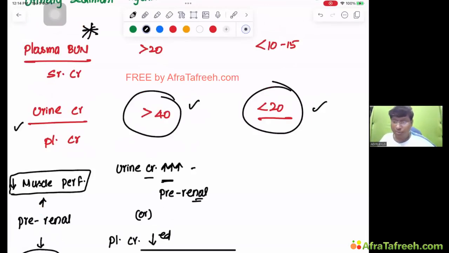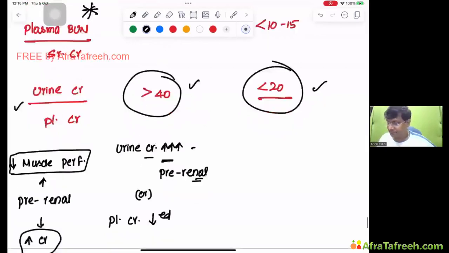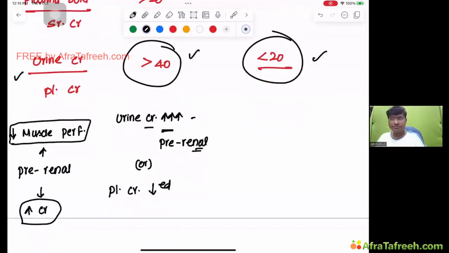When urine creatinine is more, the urine creatinine to plasma creatinine ratio is also increased to more than 40. Did you understand that, Jacob? So basically what you have to understand here is that the pathophysiologies which cause prerenal also affect the muscle perfusion. When the muscle perfusion is affected, the muscle is degenerated.